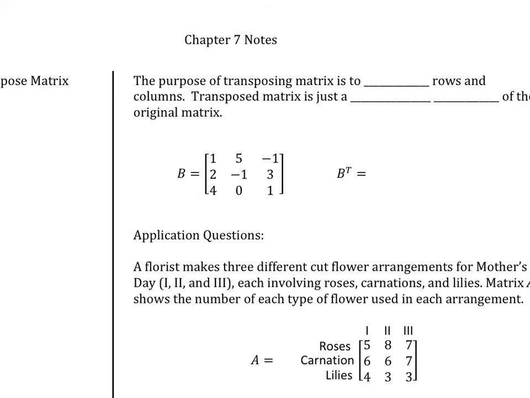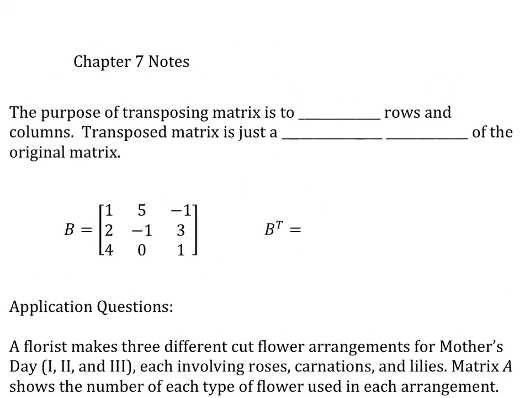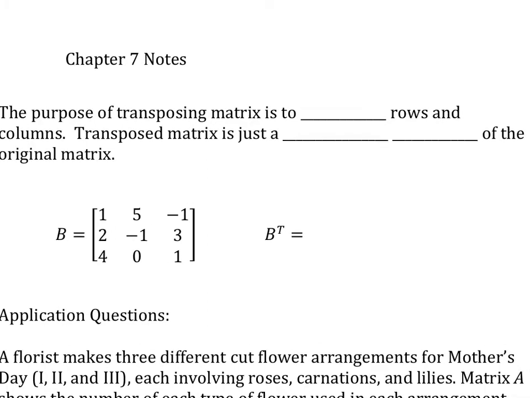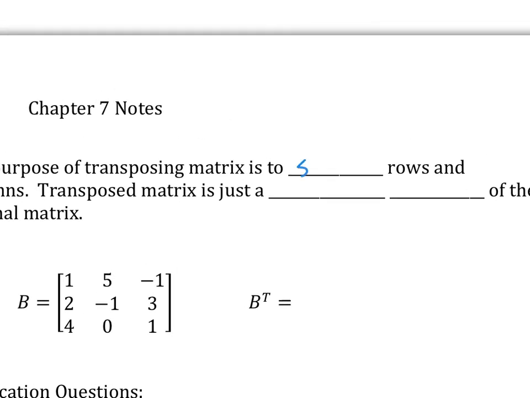Yeah, now we need to go into the more advanced mode. All right, so we're going to learn how to transpose a matrix. To transpose a matrix means we are going to switch the rows and the columns for ease of calculation. Transpose matrix is just going to be a mirror image of the matrix.